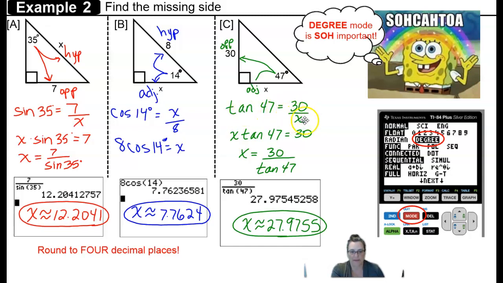We're going to multiply both sides by x, and we have x times the tangent of 47 equals 30. Then we divide both sides by the tangent of 47, and 30 over tangent of 47 in degree mode, that's 27.9755. Because the fifth place is a 5, we round the 4 up.